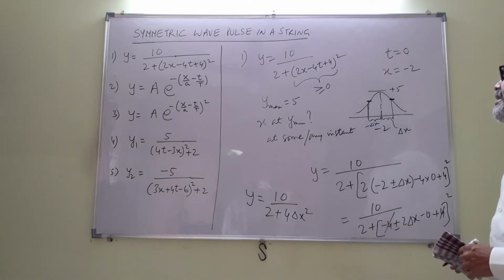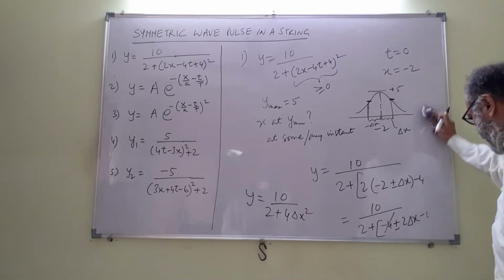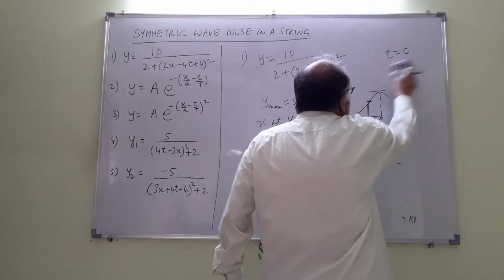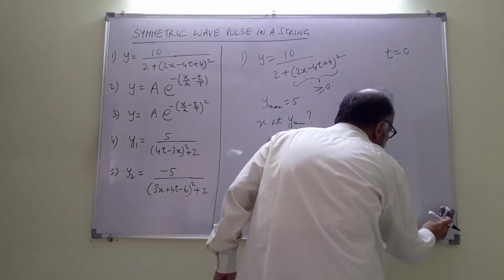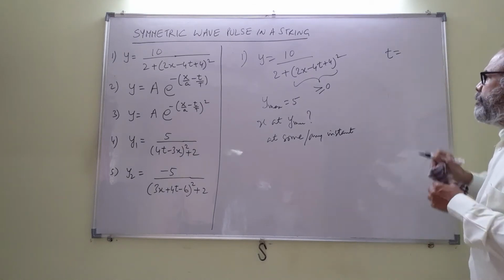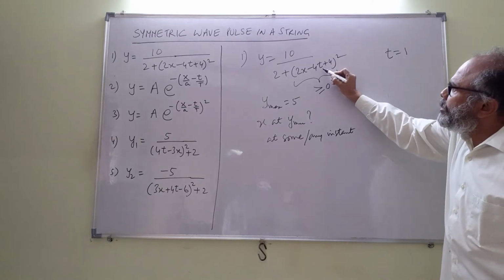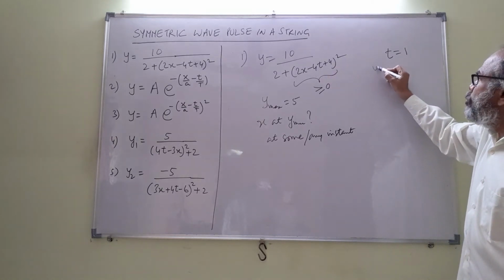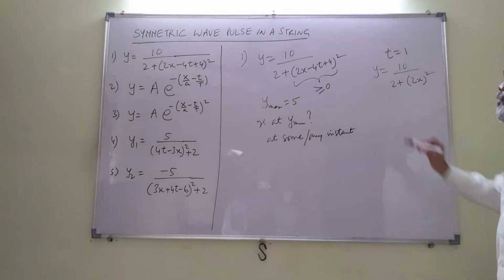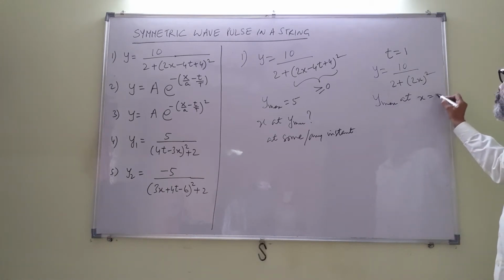We could have done this at some other instant also. Let us say t equal to 1 second. Supposing you take t as 1 second, put t as 1 here, minus 4 and plus 4 will cancel. So y will be equal to 10 by 2 plus 2x the whole square. Now y will be maximum at x equal to 0.